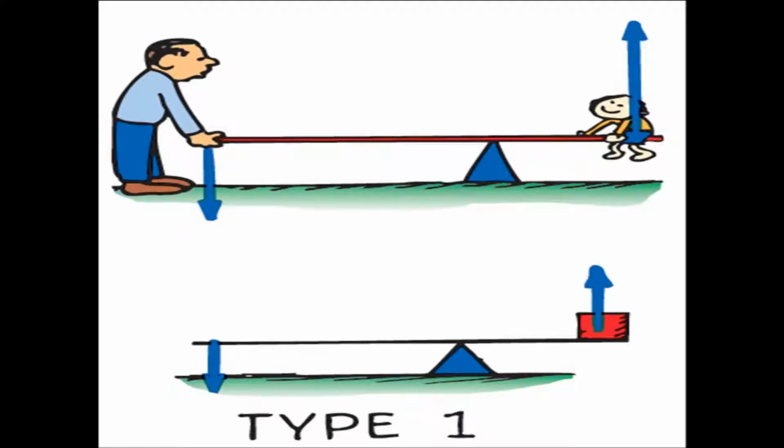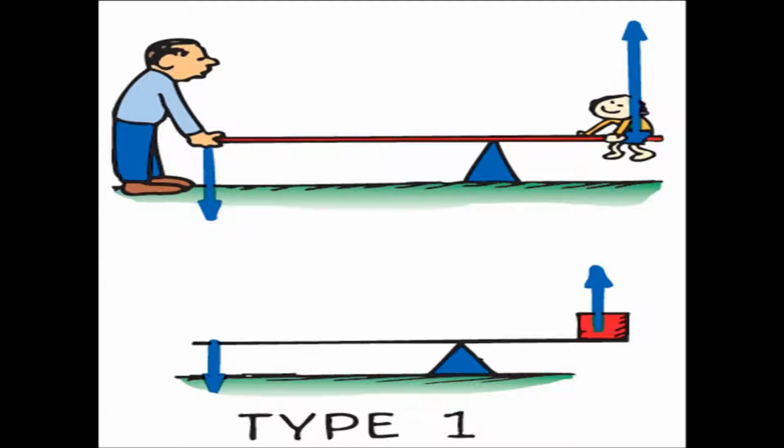Here's a type 1 lever. In a type 1 lever, the fulcrum is between the applied force and the output force.